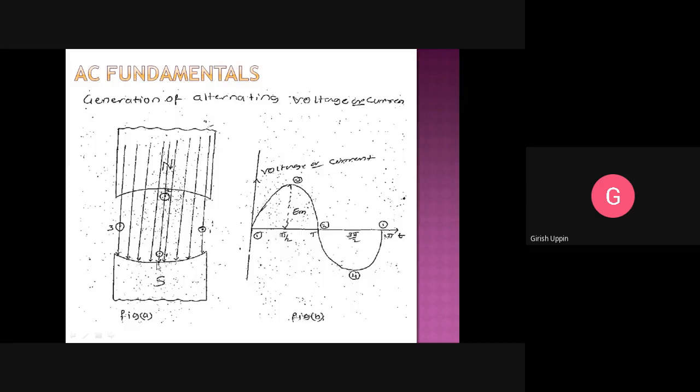Therefore, the EMF induced will be in the opposite direction. So if you plot that, we will get minus EM. This EM is magnitude-wise exactly the same as the previous one, only with a negative sign, representing the minus direction.